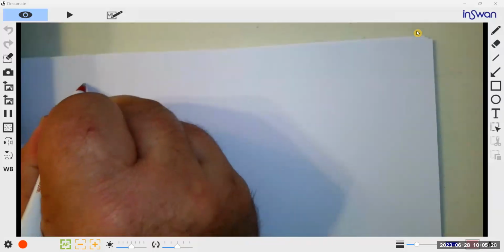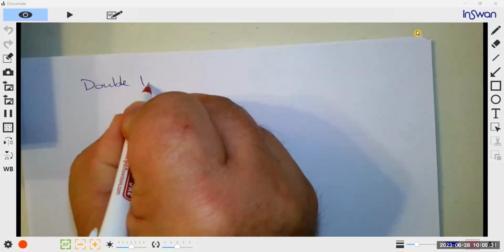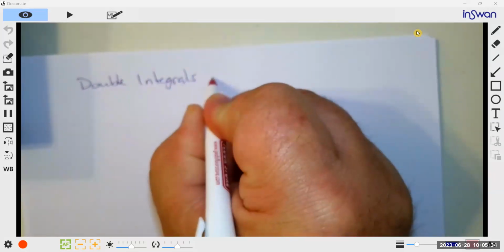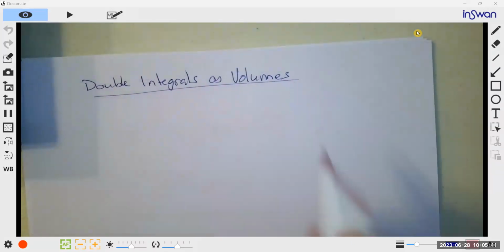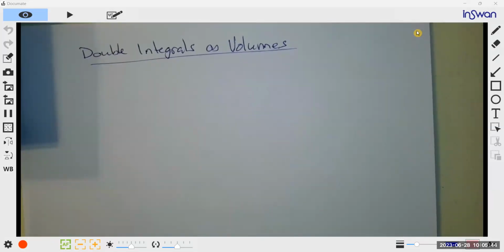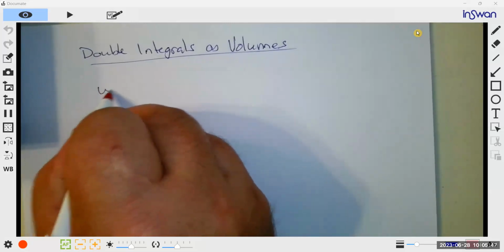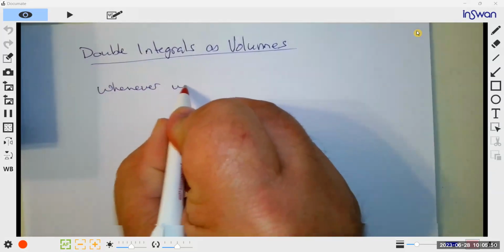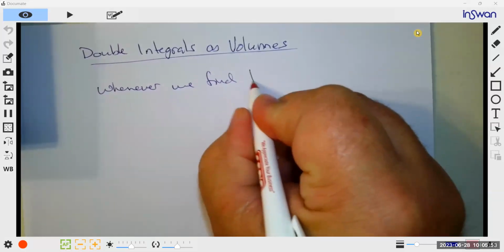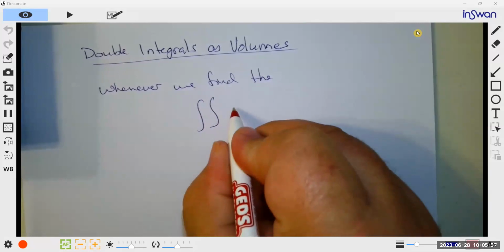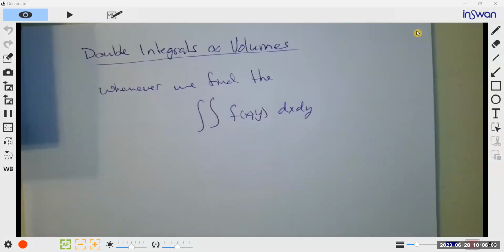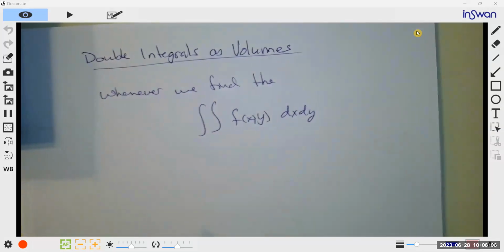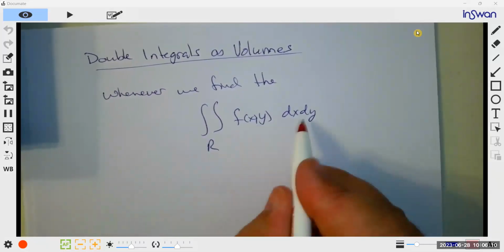All right, let's look at double integrals as volumes. Whenever we find the double integral of our function in whichever order we choose to do it, it's going to be over a rectangular region in the xy plane.